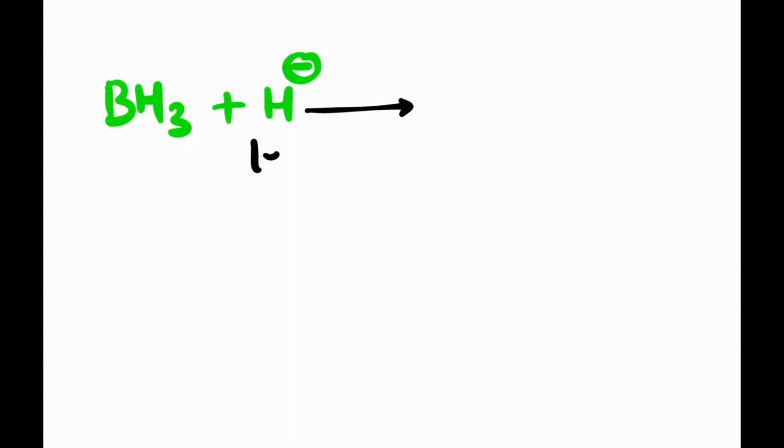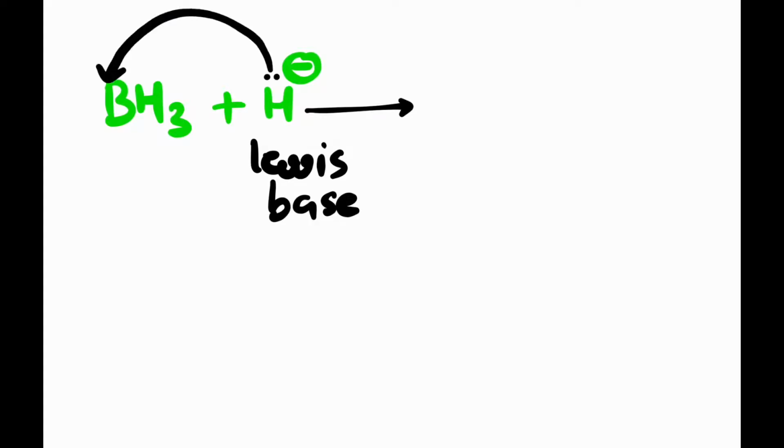Now, since BH3 is a Lewis acid, it has a tendency to accept an electron pair. Suppose we are reacting it with hydride ion. Hydride ion is basically a Lewis base because it has a pair of electrons. So this pair of electrons will get transferred to the vacant p orbital of BH3, and the product you will get is BH4 minus.